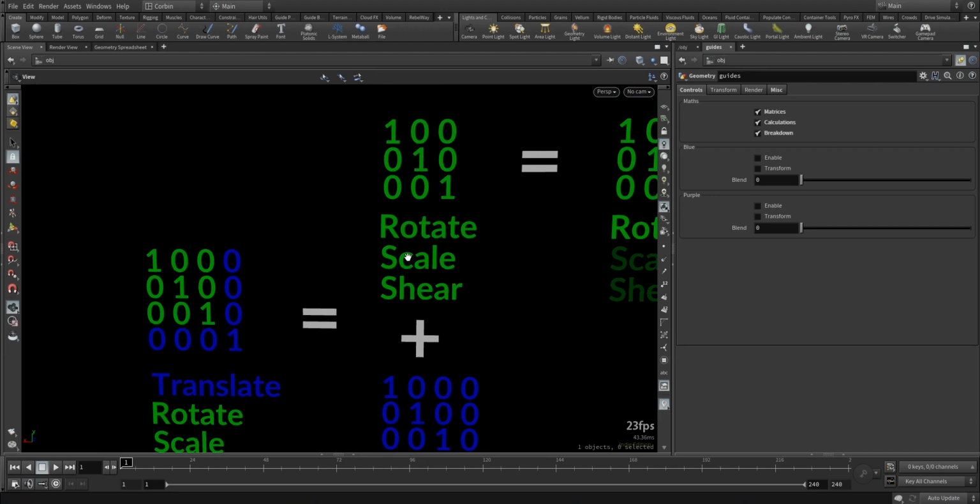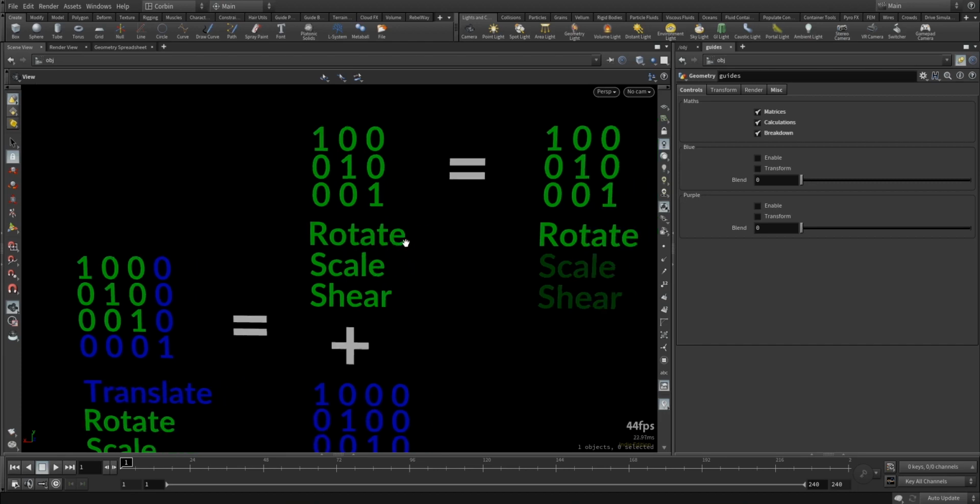So multiplied by our 3x3 matrix, which contains the other three, rotate, scale, and shear. Now, why these three are all together, remember I showed you earlier how shear kind of adds up to rotate. Well, shear and scale work together to form rotations. Okay, so that's why these all kind of work together.